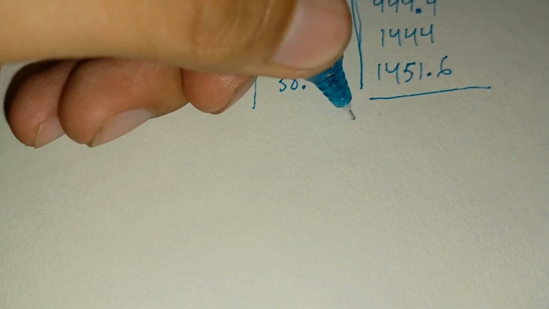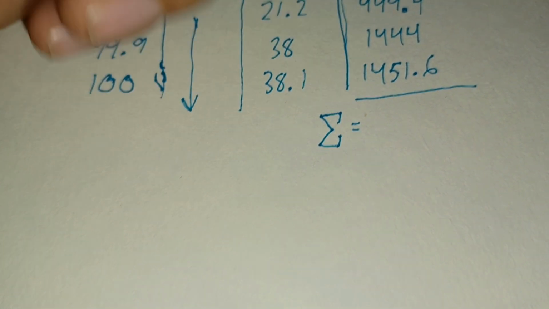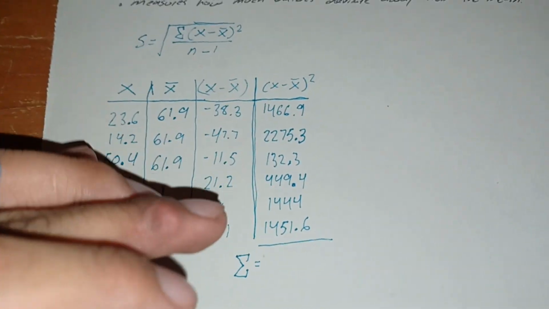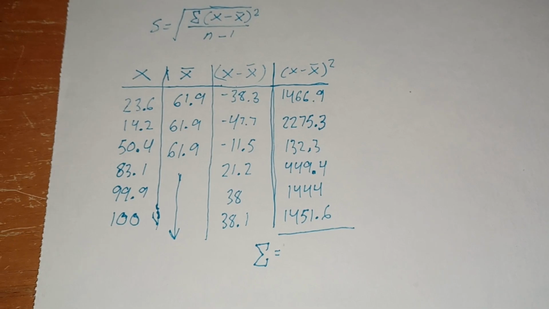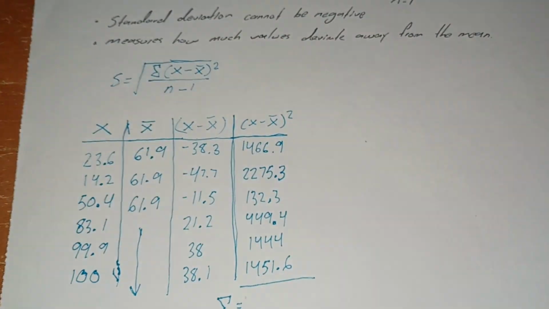The sum of all of these numbers is going to be, well, first we have to add all of these numbers and find out what it's going to be. That is going to cover this whole upper section of the formula.